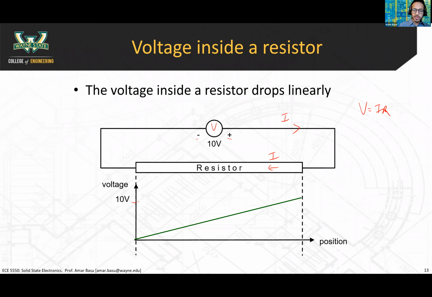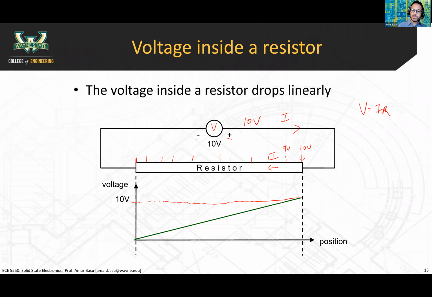Okay, so let me just draw this. This wire is obviously 10 volts. So this side of the resistor is 10 volts. When you get here, the voltage within the resistor drops to 9 volts, and then 8, 7, 6, 5, 4, 3, 2, 1, and then finally 0.